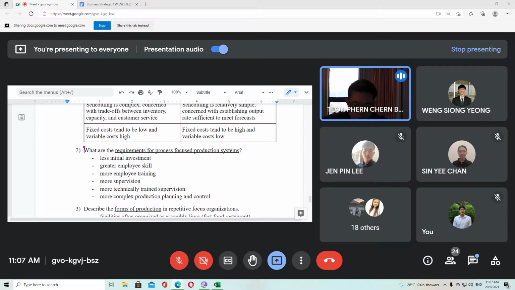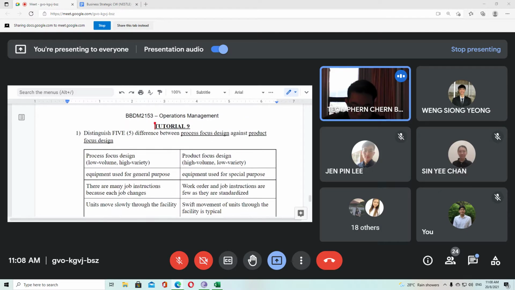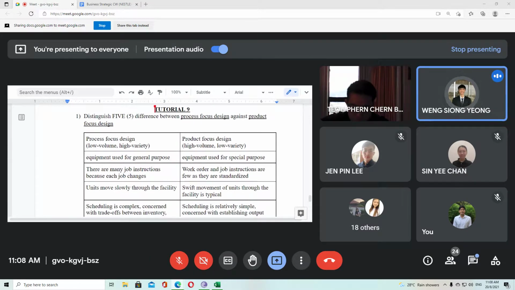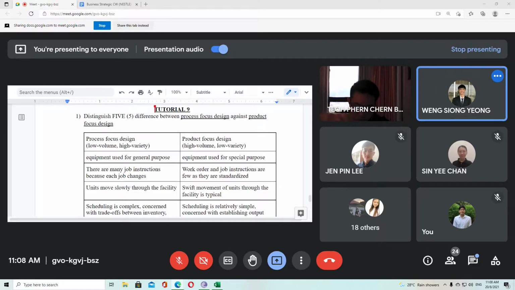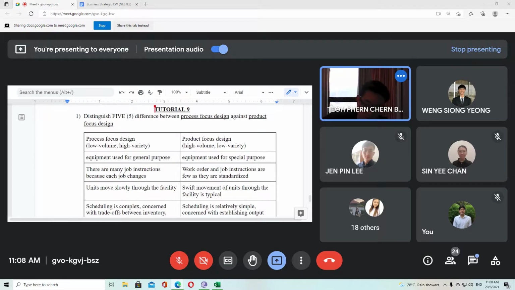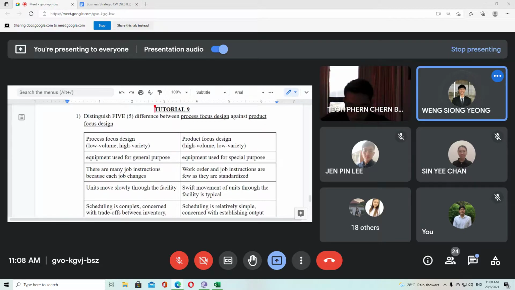Okay. Can you give me an example of process focused design? What kind of companies? Low volume, high variety. What kind of business is like that? Oh, Apple. Apple is high volume. Mm.